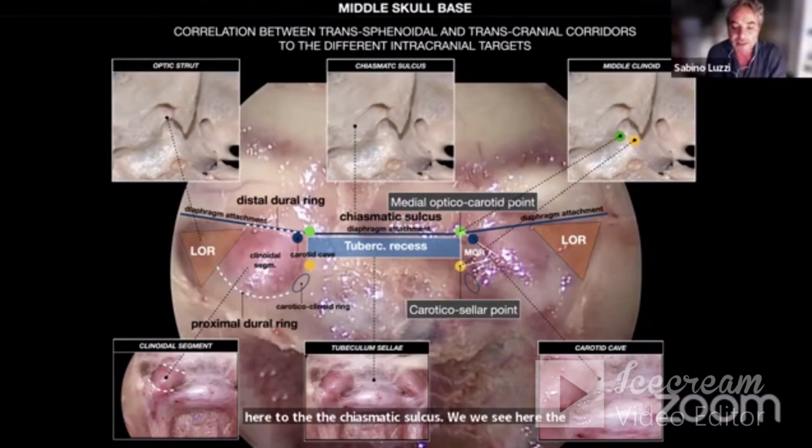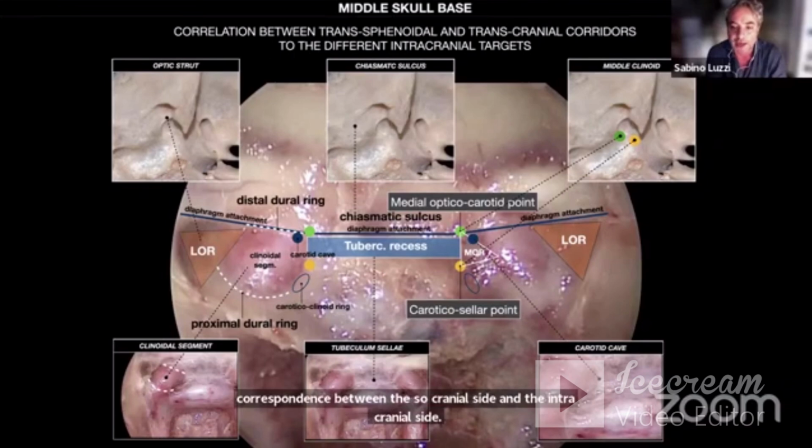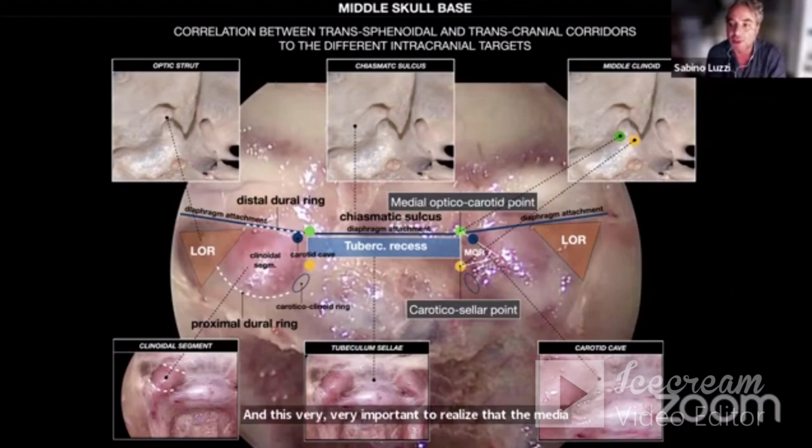And it's very, very important to realize that the medial optical carotid point corresponds to the attachment of the middle clinoid process. So if we drill here, we expose the attachment of the middle clinoid process, and the middle clinoid process is present in 21–22% of people, and some studies reported it especially in cadavers here.